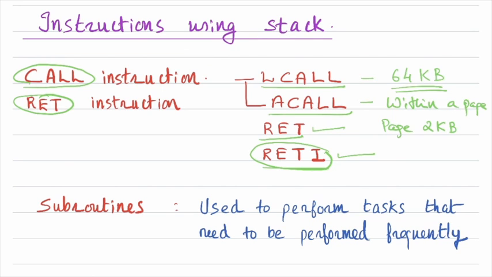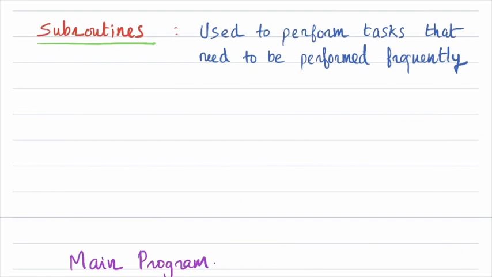And now when it comes to subroutines, you must be knowing what exactly the subroutines are, if you are familiar with the C programming and all. We have functions in C program. So similar to that, we have subroutines in assembly level program. These subroutines are used to perform a task which needs to be performed frequently.